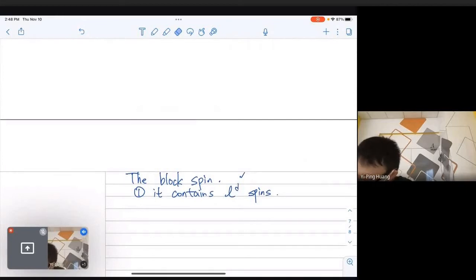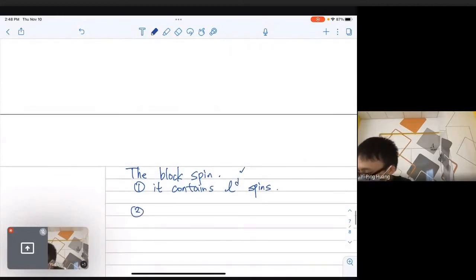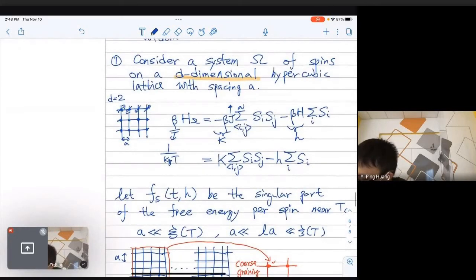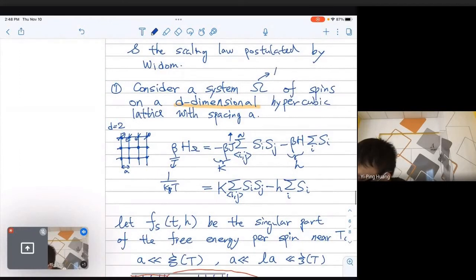And the second thing is that suppose we have some system that is initially defined by omega. So suppose we have N_omega spins at the very beginning.